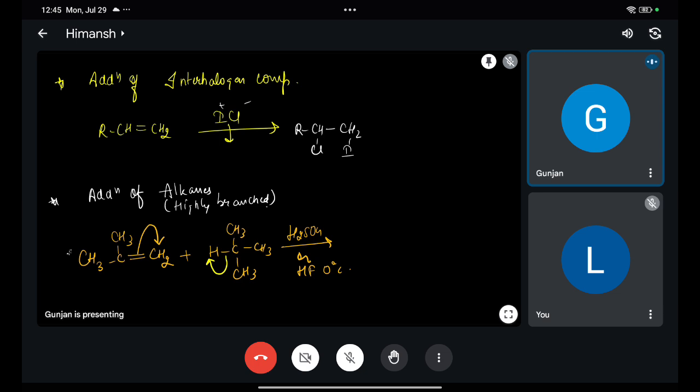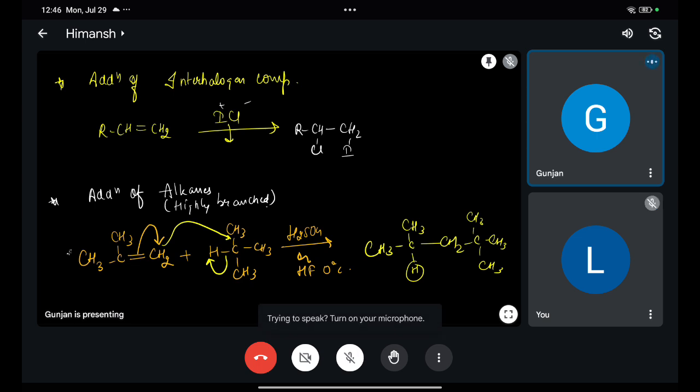So due to this reason, now carbon will attack this carbon. So we are getting CH3, C, CH3, CH2 will attack the carbon containing 3 CH3 groups, and over here is hydrogen. Is it clear? Yes, ma'am, clear. Okay.